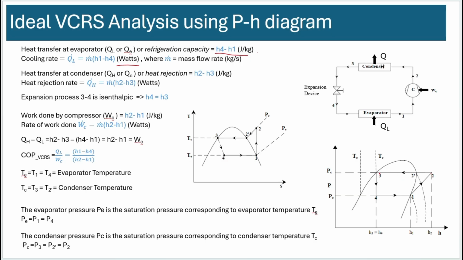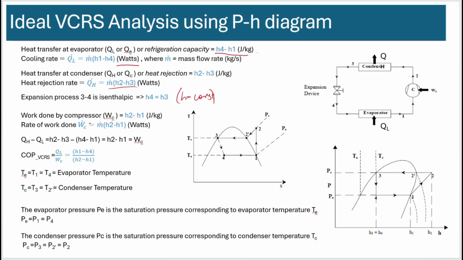So you find the enthalpy between these two and multiply it with the mass flow rate to get the heat rejection rate in watts. Expansion process, the assumption is isenthalpic, right? H equal to constant. So you'll have the same H at 4 that you got at 3. Okay, so assume it's the same H, but the pressure drops.